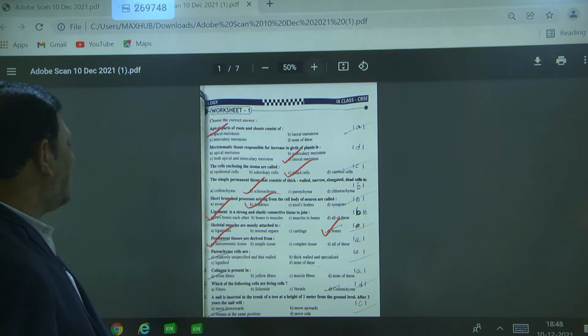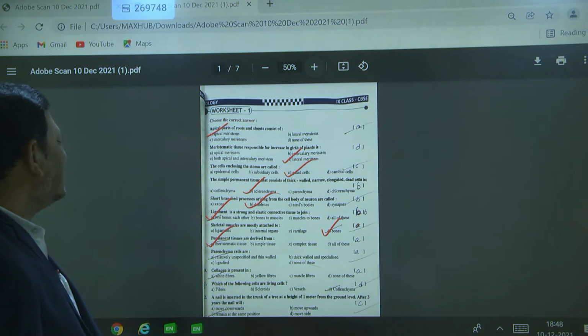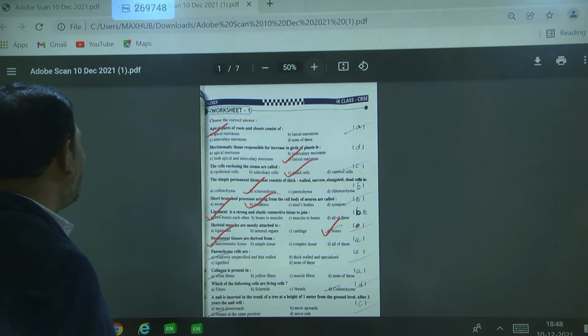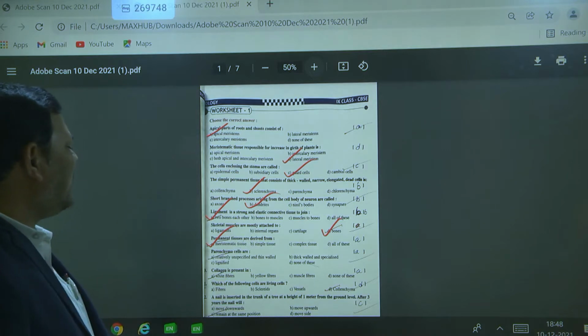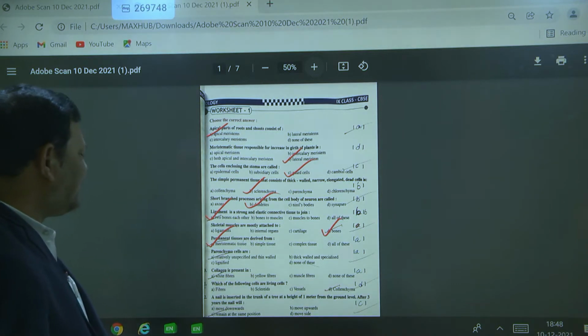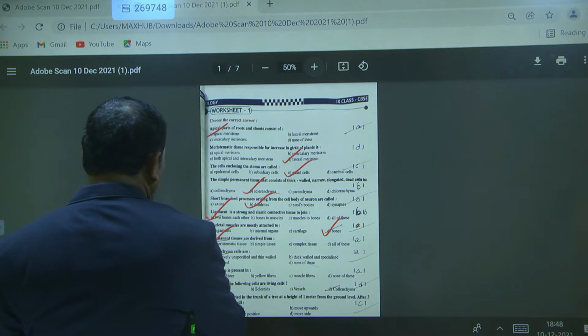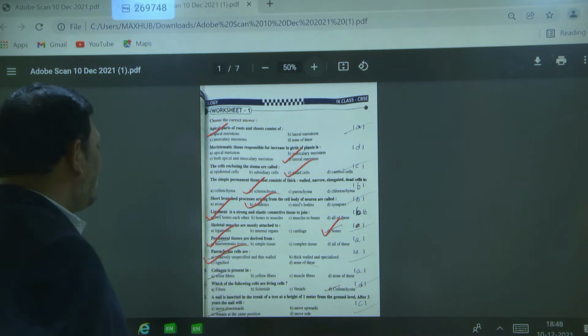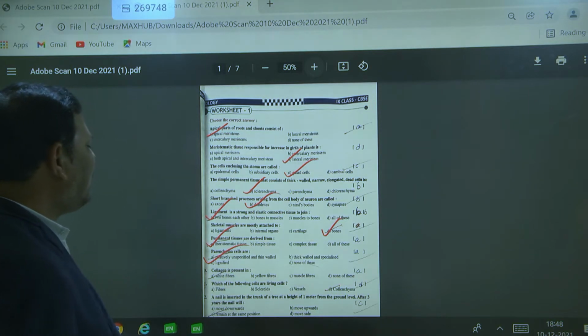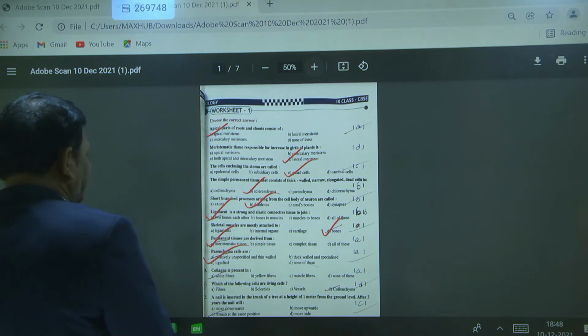Parenchyma cells are: A. Relatively unspecialized and thin-walled, B. Thick-walled and specialized, C. Lignified, D. None of these. What is the answer? Option A, sir. Relatively unspecialized and thin-walled. Next, collagen is present in: white fibers, yellow fibers, muscle fiber, none of these.